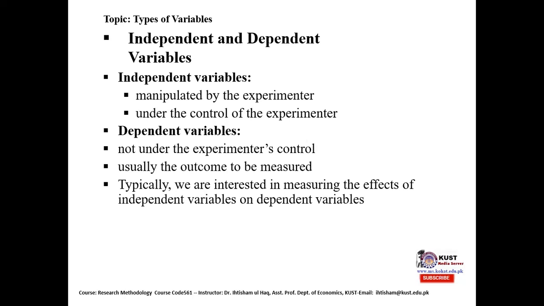Independent variables can be manipulated by the researcher and it is in the control of the researcher, whereas dependent variables are not under the control of the researcher. And we are interested in how independent variable can affect the dependent variable.